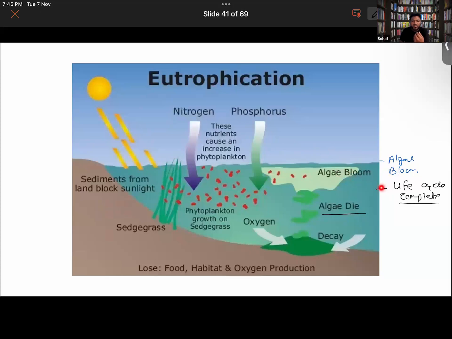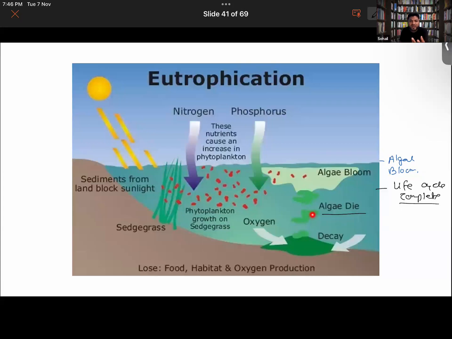Okay. And now, once the algal bloom will complete its life cycle, when it dies, it will be decaying, and it will be eaten away by the bacteria present in the water. So it will be decomposing to the ground, right now.